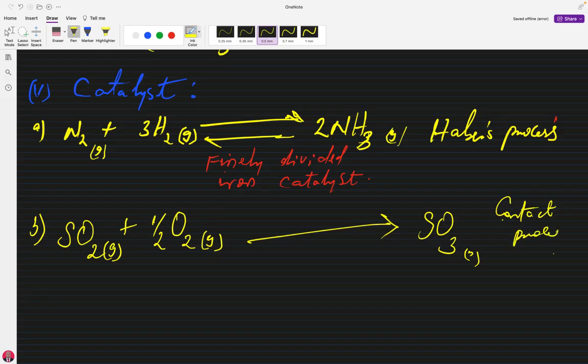The catalyst used here is vanadium(V) oxide, V2O5, vanadium pentoxide. That is the catalyst that helps to increase the rate of reaction here.